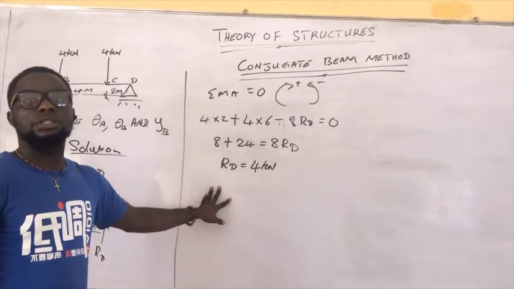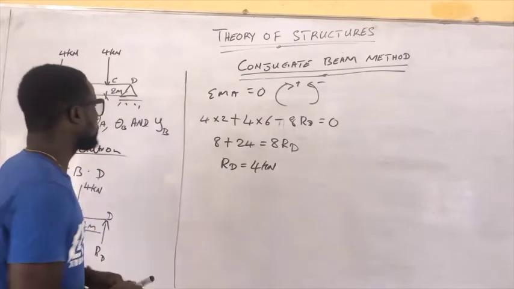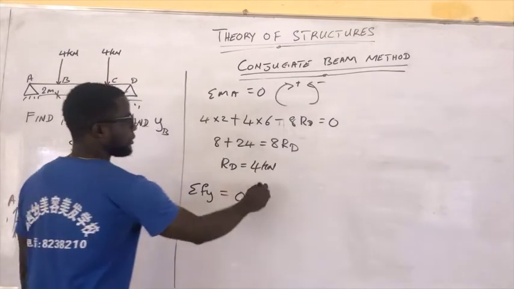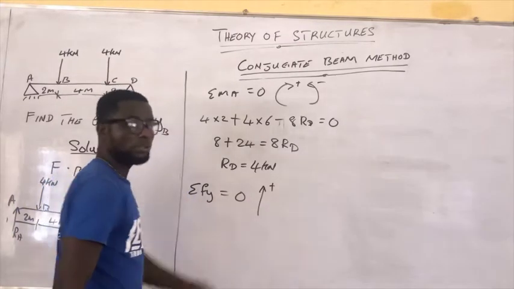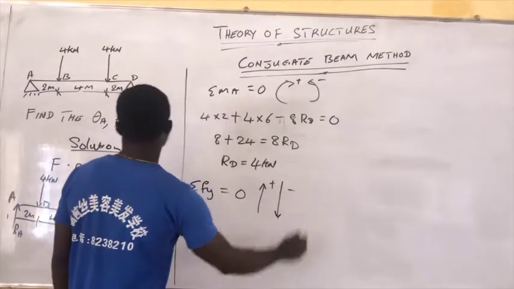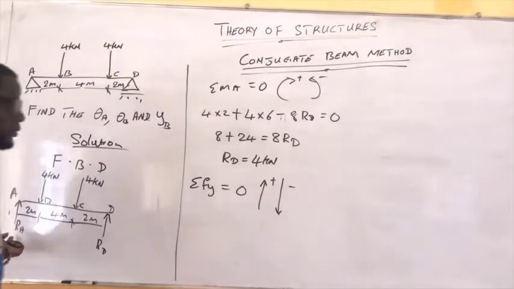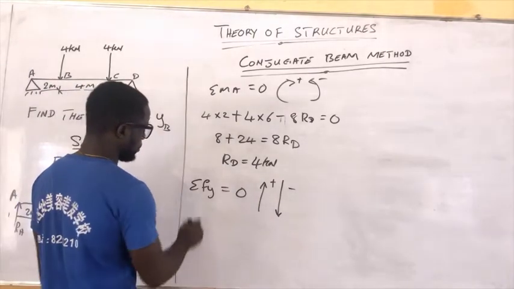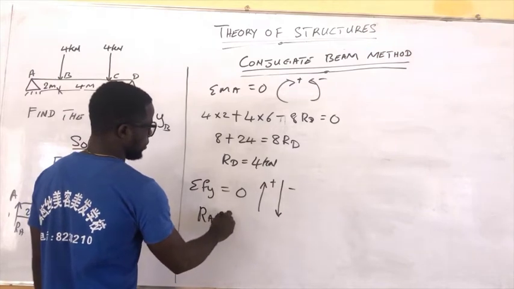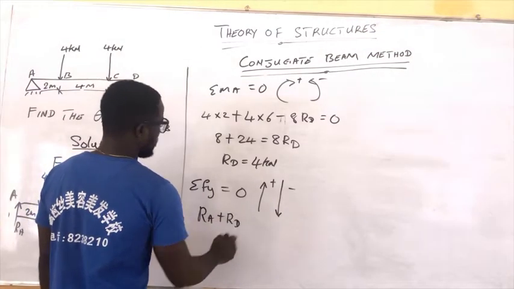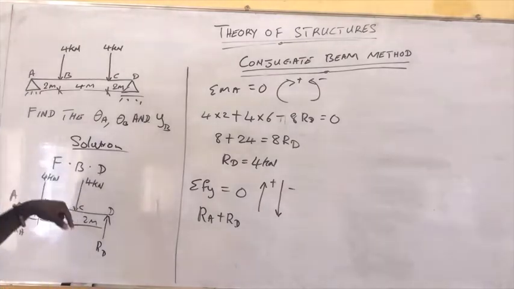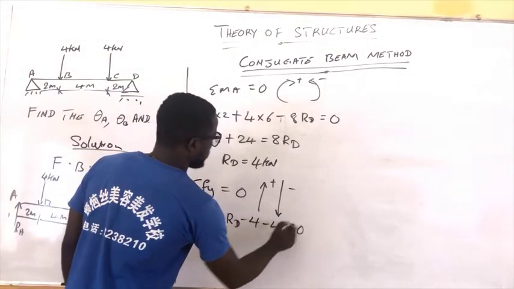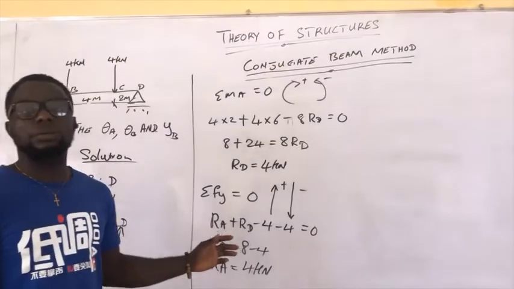Then the next step is to take the summation of forces in the vertical direction, with the convention that the ones going up are positive and the ones coming down are negative. So RA and RD are going in the positive direction, then the loadings are going in the negative direction. Then we have calculated the support reactions.